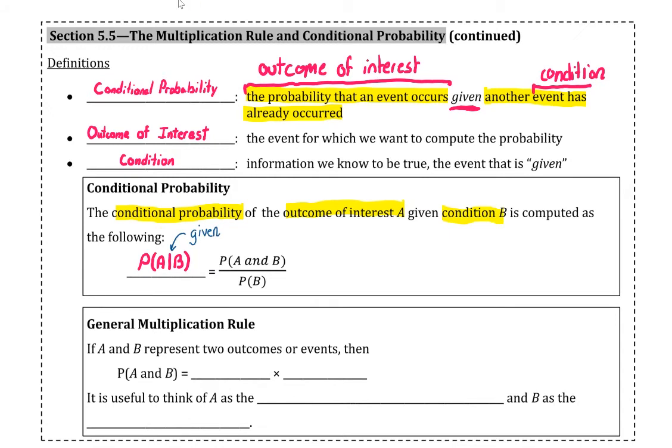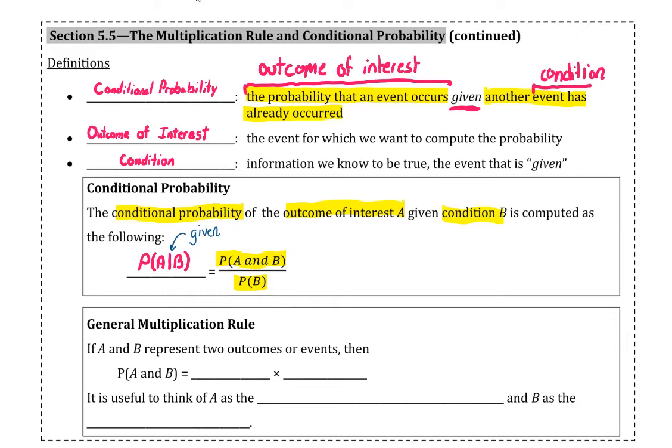So this is read as the probability of event A given event B has already occurred. And this probability can be computed using the fraction, where we look at the probability of A and B occurring at the same time, divided by the probability of B. I'll look at an example of this with you in just a moment.